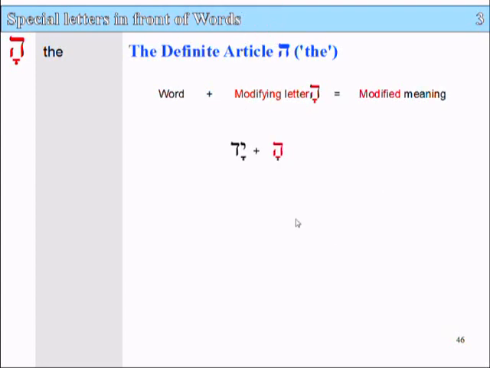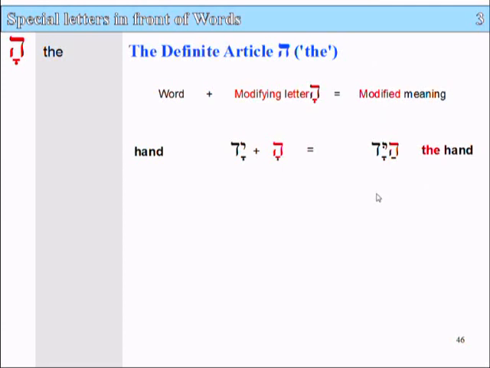For example, we take the word yad, which means hand, yud, kametz, dalet, and we add the hey, and we get ha-yad, the hand, ha-yad, the hand.